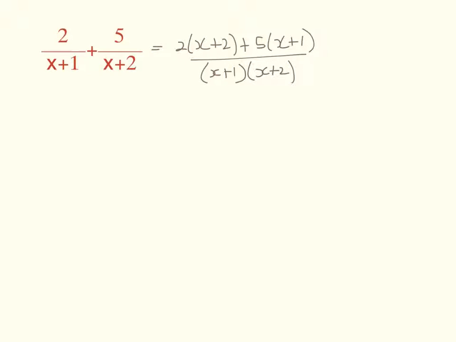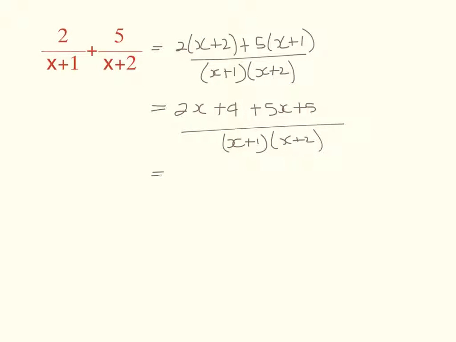So don't let the big bad denominator scare you. It's not really that bad. Okay, so here we go. I'll expand these two brackets rather quickly now. So this becomes 2x plus 4 plus 5x plus 5 all over x plus 1 and x plus 2.